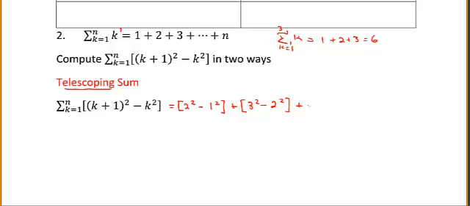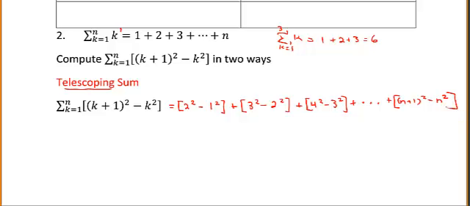When k is equal to 3, we'll have 4 squared minus 3 squared. We can keep on going like this till finally we get to the end. When k is equal to n, we'll have (n plus 1) squared minus n squared.